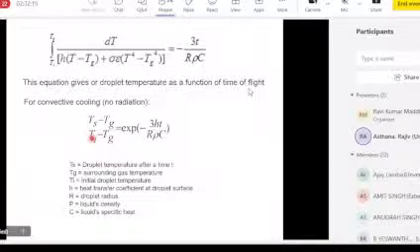Ti is the initial droplet temperature. Ts is the droplet temperature after a certain time t. Tg is the surrounding gas temperature in the chamber. R is the radius, rho is the density, and C is specific heat. So essentially, it says that e to the power negative of this is basically how the temperature changes.